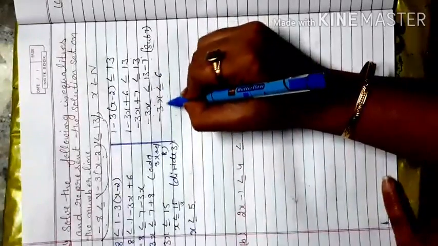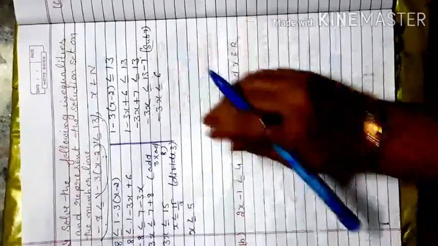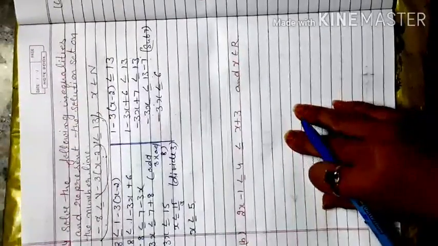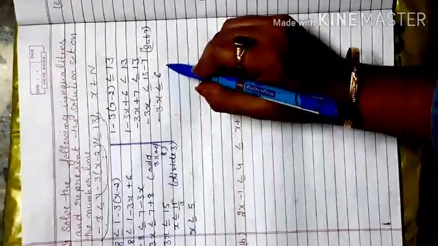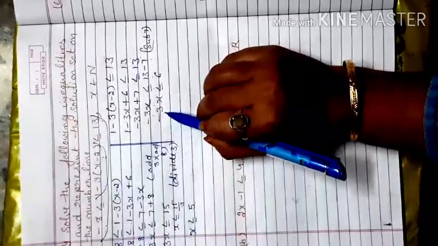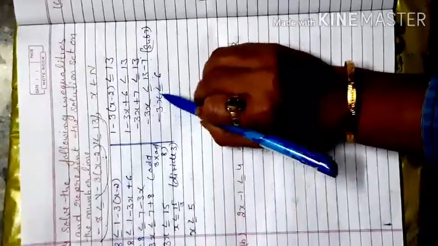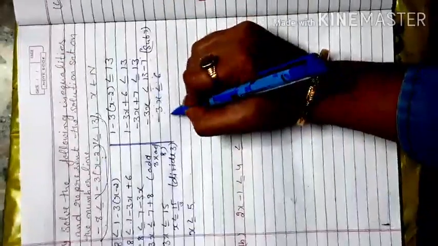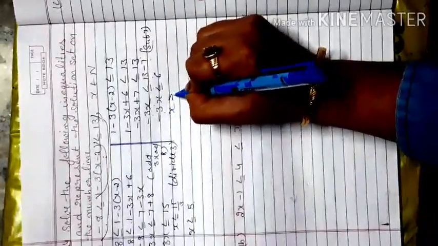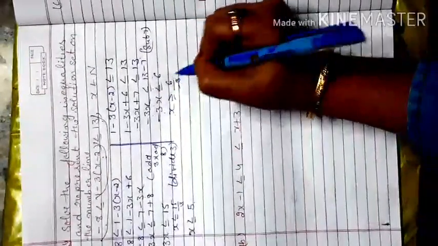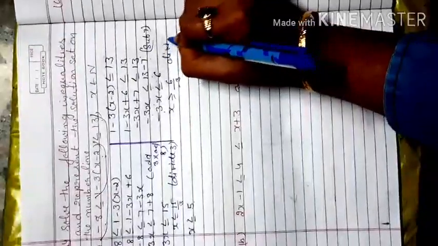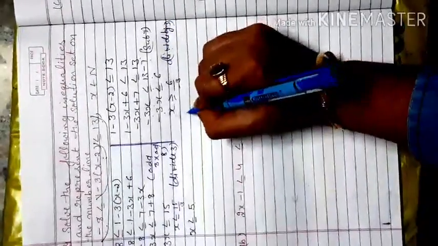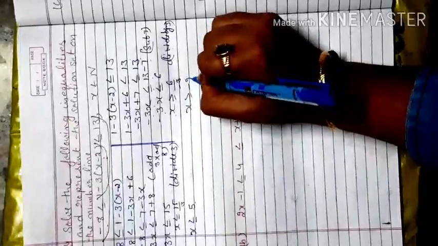Now you have to remove this minus 3. अब आपको माइनस 3 को रिमूव करना है, तो माइनस 3 से आप दोनों टर्म्स को डिवाइड करोगे, और जैसे ही आपने नेगेटिव नंबर से डिवाइड किया तो इनइक्वालिटी साइन चेंज हो जाएगा, ऑपोजिट साइन हो जाएगा. So that means x is greater than equal to 6 by minus 3. Then divide by minus 3. That gives me x is greater than equal to minus 2.